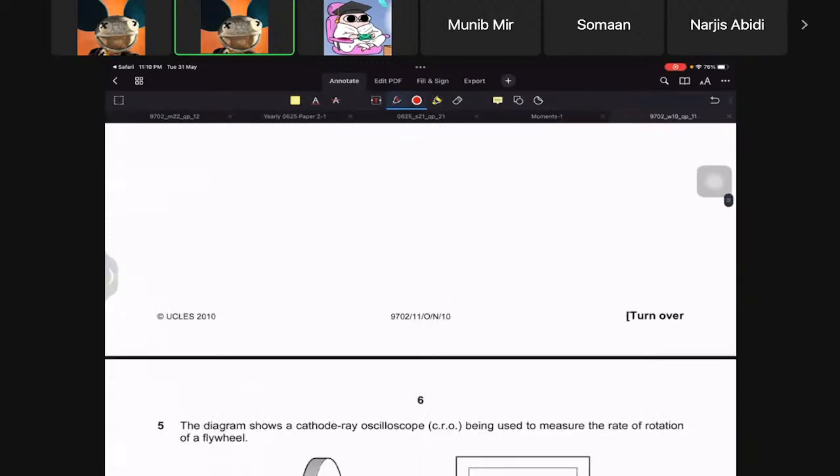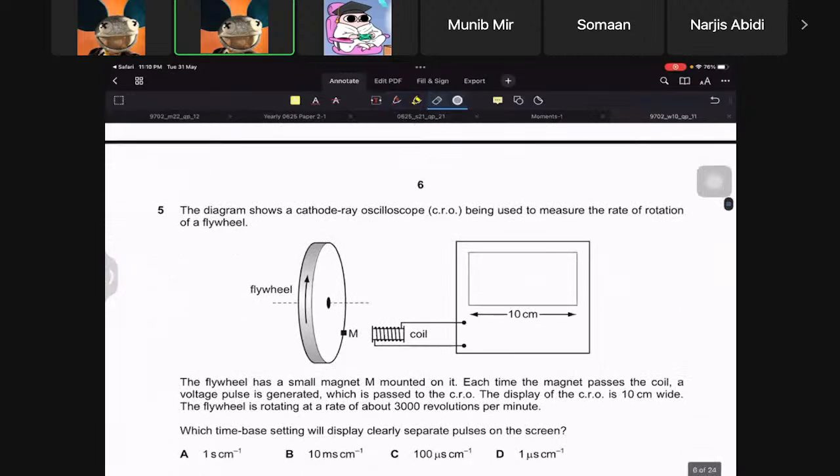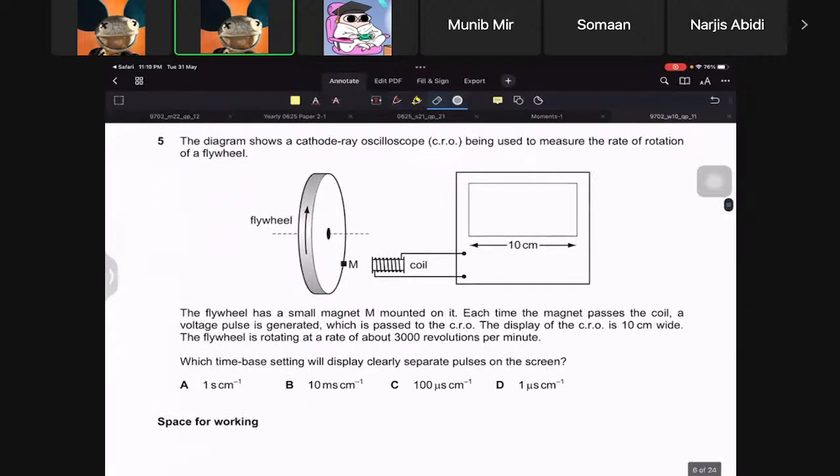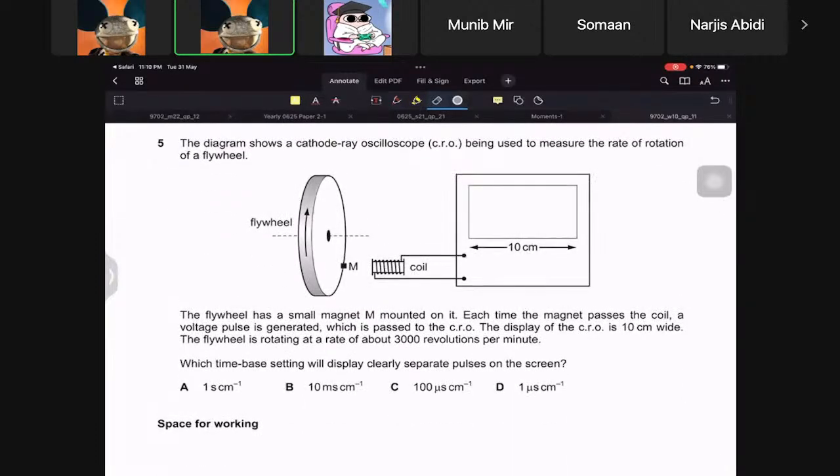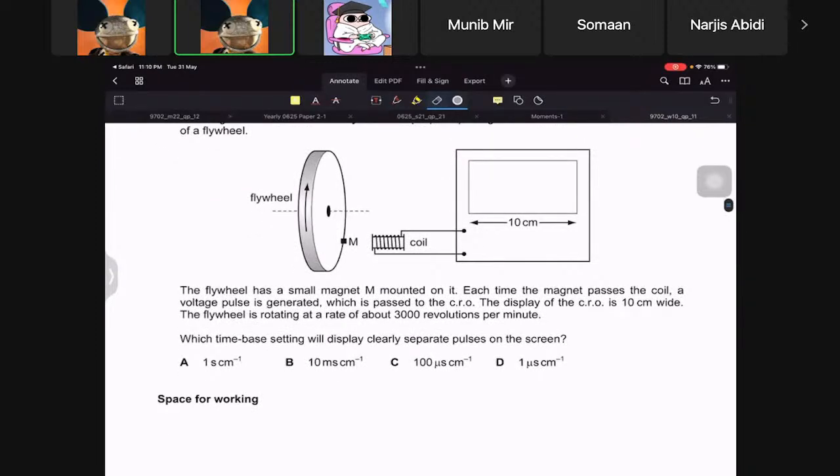But this might come. So the flywheel has a small magnet M mounted on it. Each time the magnet passes the coil, a voltage pulse is generated and passed through a CRO. Fair enough. And then it asks what time base displays clearly separate pulses on the screen.